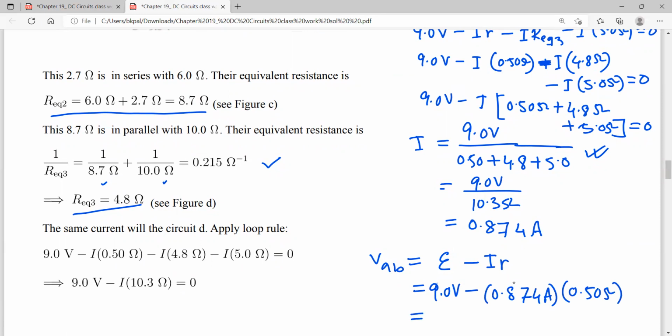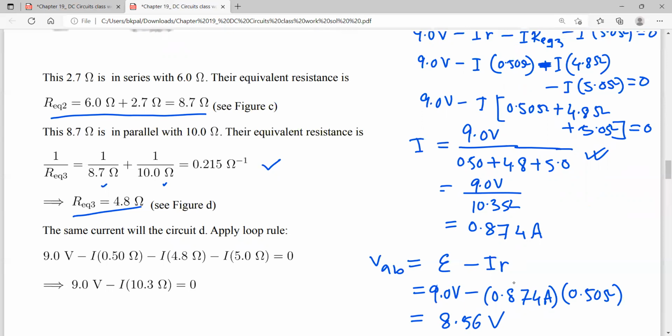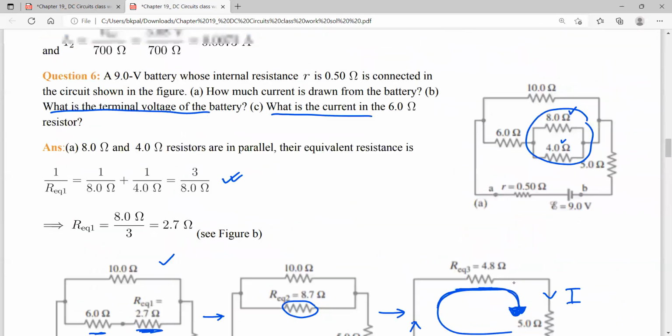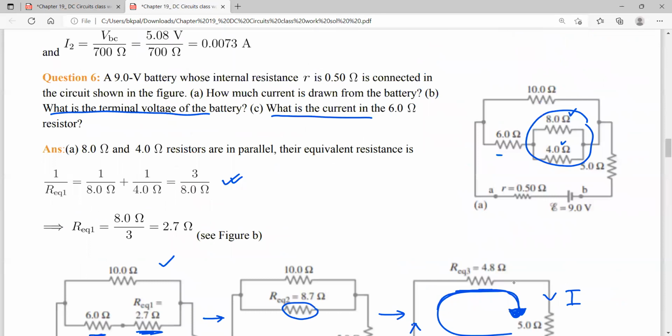If you plug these values in your calculator, you should get the terminal voltage equal to 8.56 volt. So that's easy. The last one asks what the current is in this resistor.